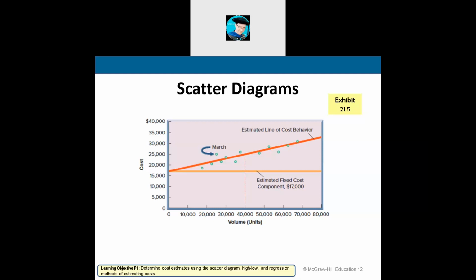We see that we can draw a statistical line through all 12 months and get an understanding of how closely correlated our variable costs are. That's what a scatter diagram shows us. And we can see the estimated fixed costs for the year. You remember, fixed costs don't change throughout the year, but the variable costs do. And this line of cost behavior shows us the correlation between the variable costs for each month.